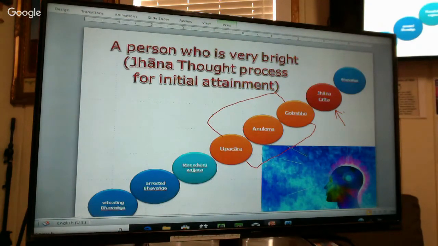If you attain a jhana, there is no need for this. But with special practice, if you want to do it very quickly, after you get the first jhana, and you want to practice again and again as quickly as possible, at that time, even though you determine to be in the first jhana for 1 hour, you need to go through the previous process again, the meditation process again.